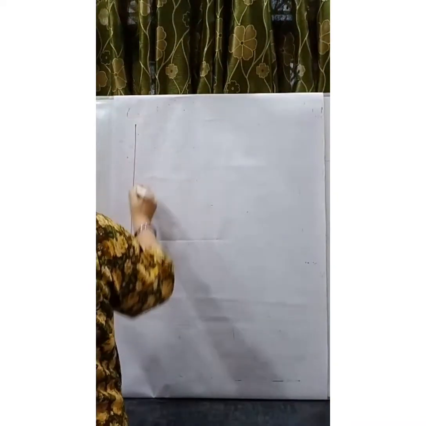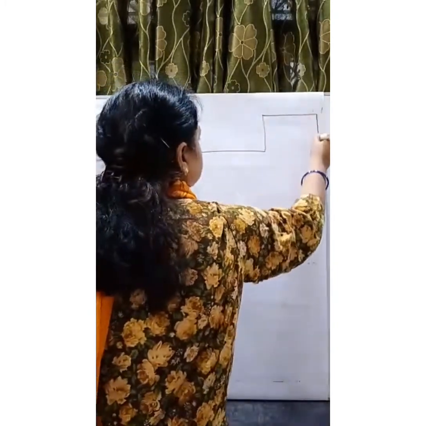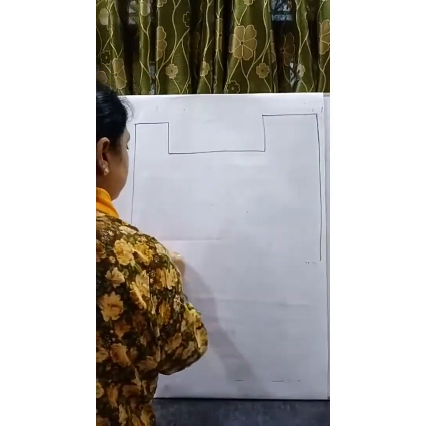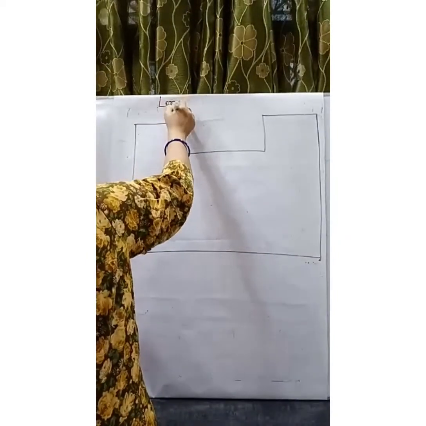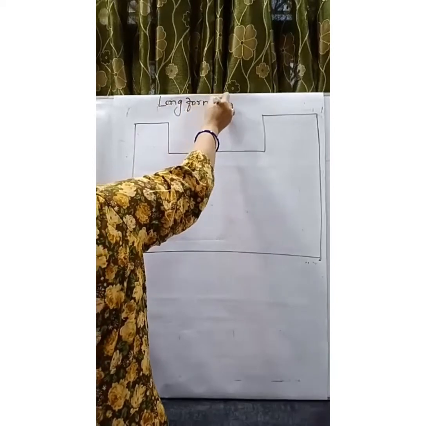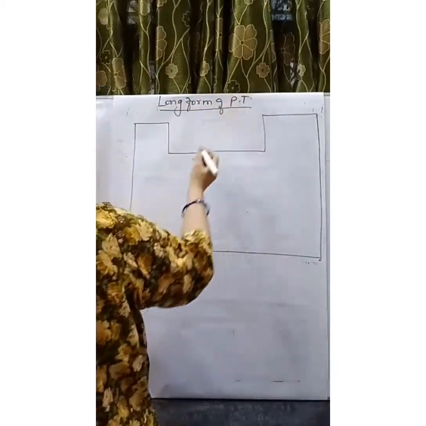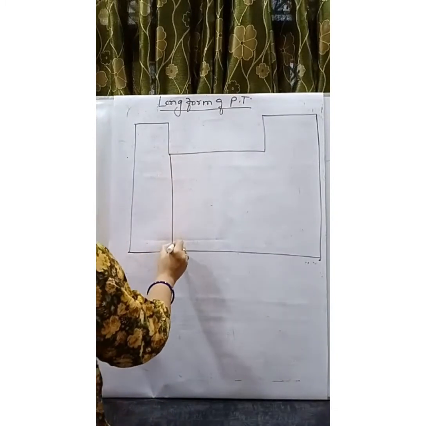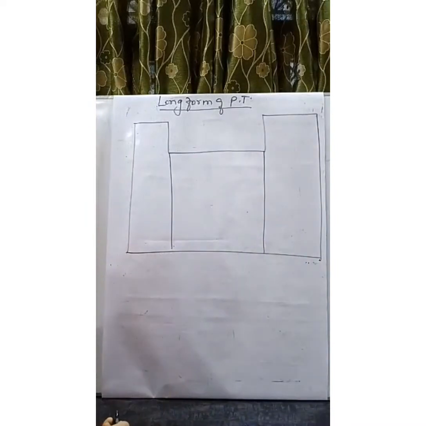If I make a rough sketch of the periodic table, we find that the long form of the periodic table is divided into 4 blocks on the basis of the entry of the last electron.